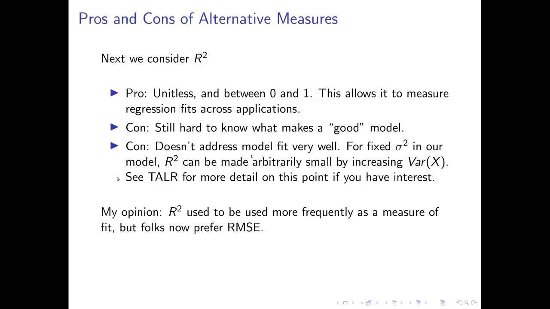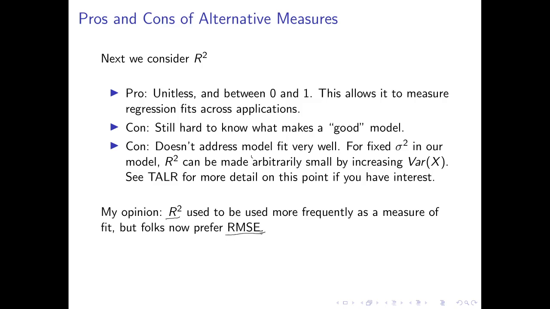Because of this drawback, the fact that even though it's unitless it doesn't necessarily address model fit as well, it's being used less. You'll tend to find that for folks who learned regression some time ago, the talk tends to be dominated by r squared.